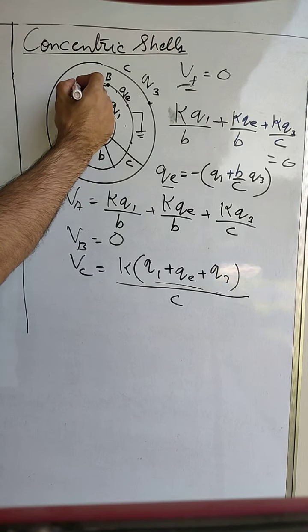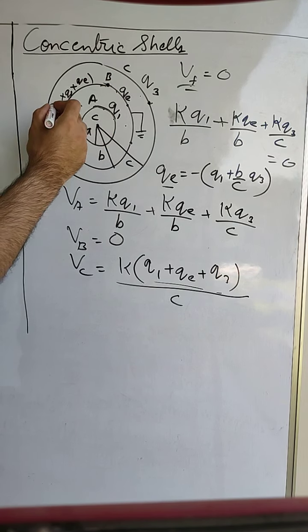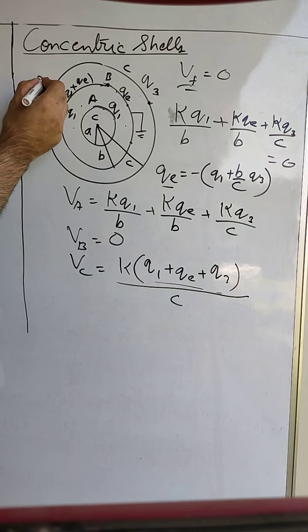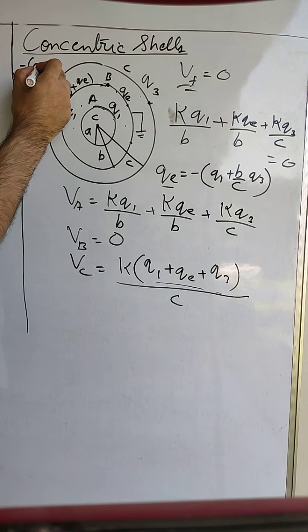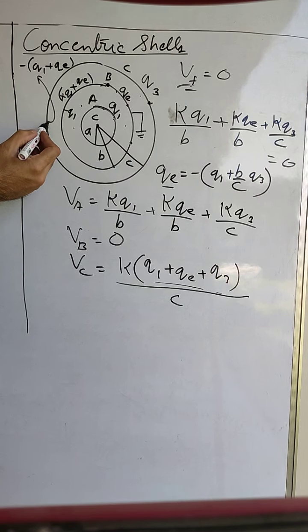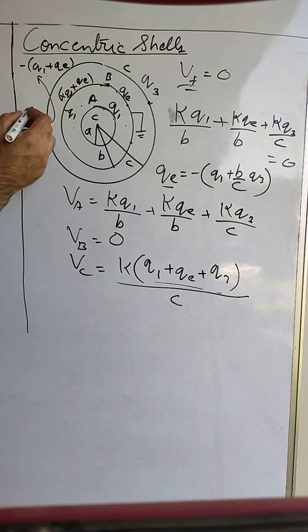That means the total charge on the outer surface is now Q1 plus QE. Now this Q1 plus QE will induce an opposite charge here, which I'll write as minus (Q1 plus QE).